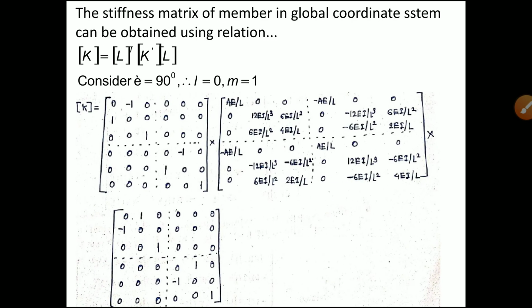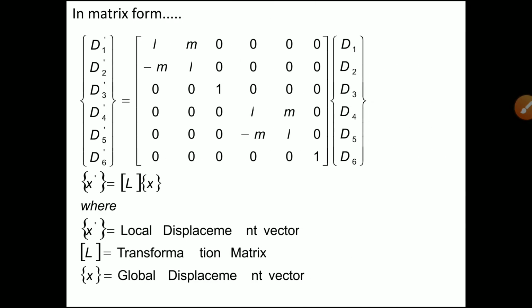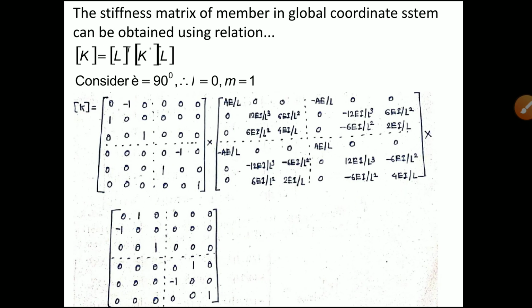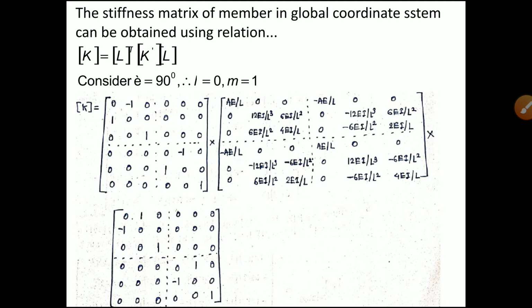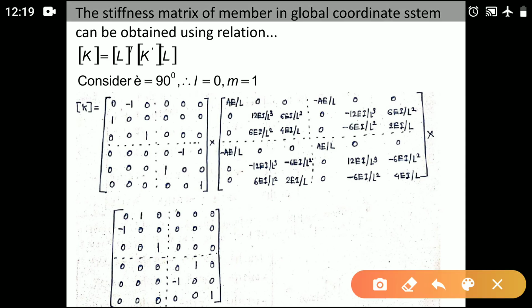Now the next thing, that is the last step. In the very first step, we obtained the local coordinate system stiffness matrix, which is written as k dash. After that, using the transformation matrix procedure, we obtained the L matrix, that is the transformation matrix L. Now in the last step we have to obtain the global stiffness matrix, which is defined by K equal to.